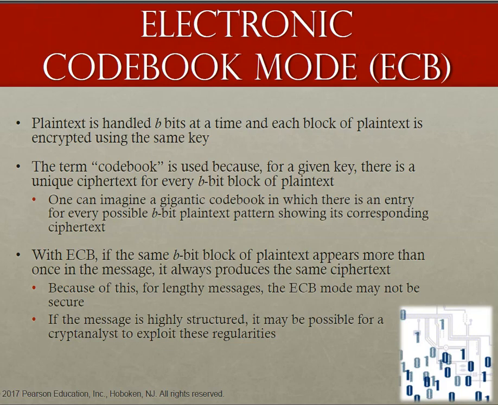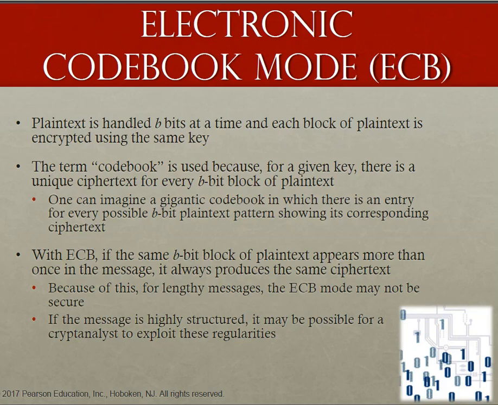For example, if it is known that the message always starts out with certain predefined fields, then the cryptanalyst may have a number of known plaintext-ciphertext pairs to work with. If the message has repetitive elements with a period of repetition that is a multiple of, for example, B bits, then these elements can be identified by the analyst very easily.